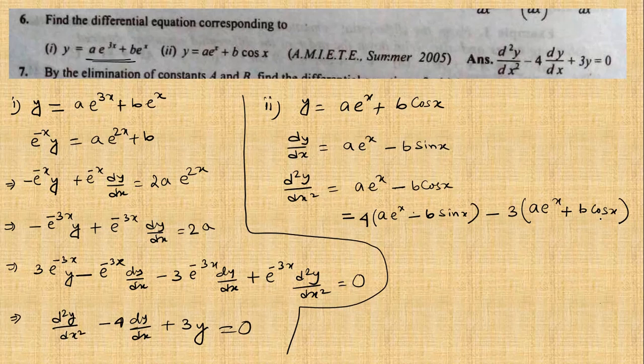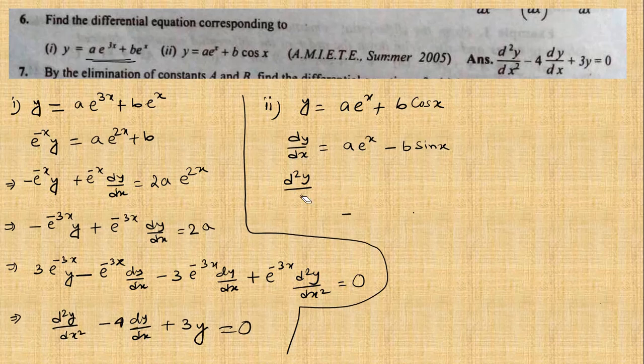No, this is not possible. This is not possible. Mm, I think there is something wrong. Sorry, this is making it very clumsy. e to the power minus x y equal to a plus b to the power minus x cos x.